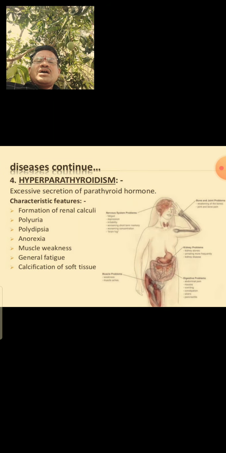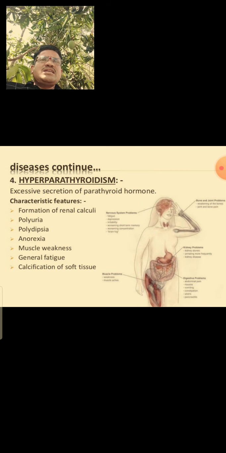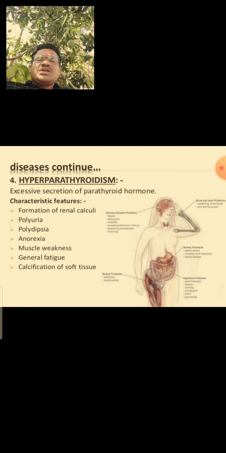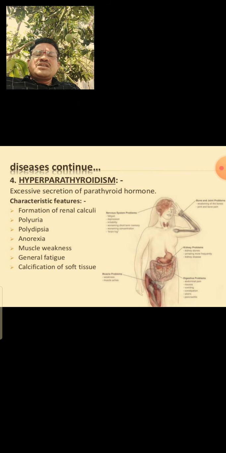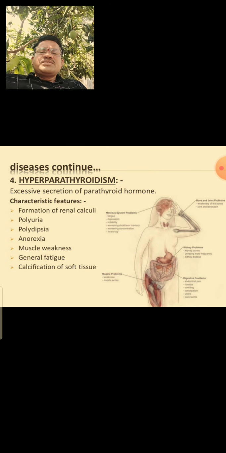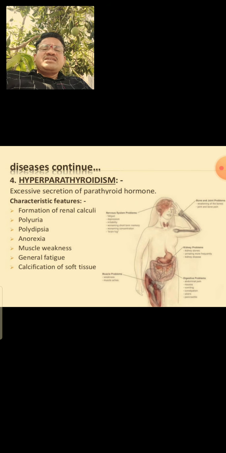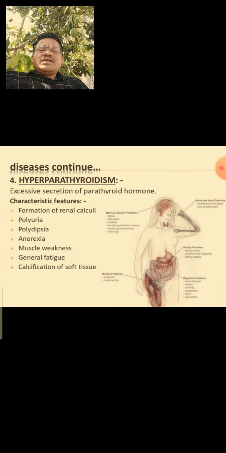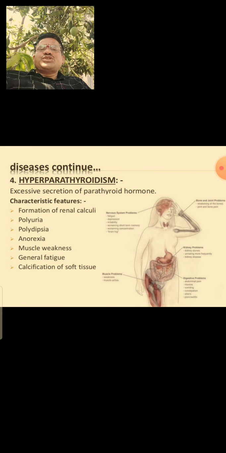Next, hyperparathyroidism. Hyper means excess. Excess release of parathormone leads to some abnormalities in human beings. The abnormalities are formation of renal calculi, polyuria, polydipsia, anorexia, muscle weakness, general fatigue, and calcification of soft tissue.